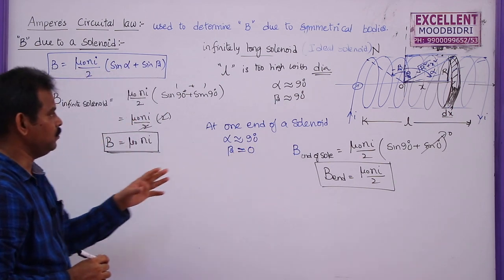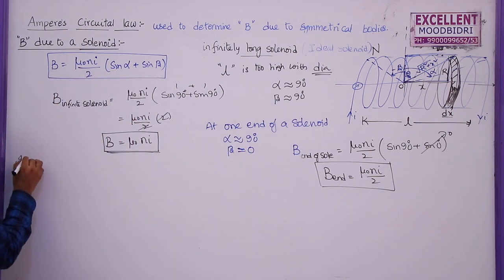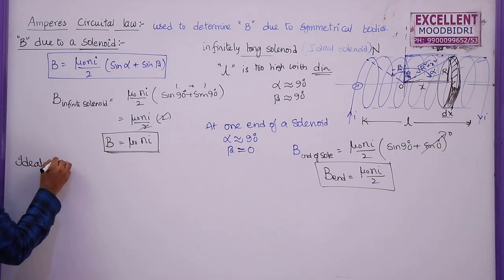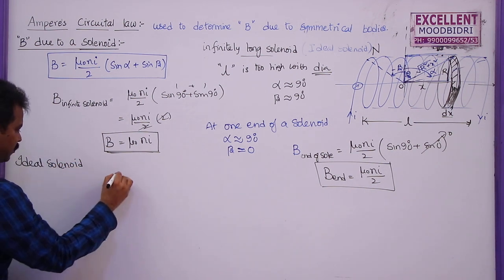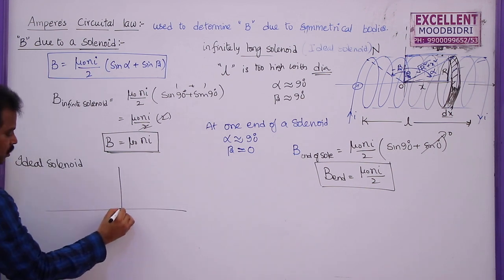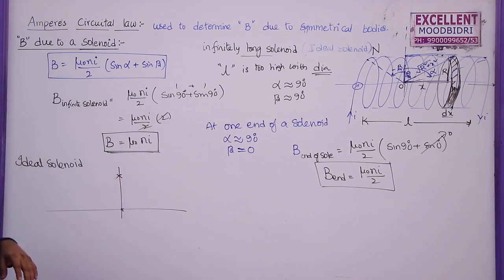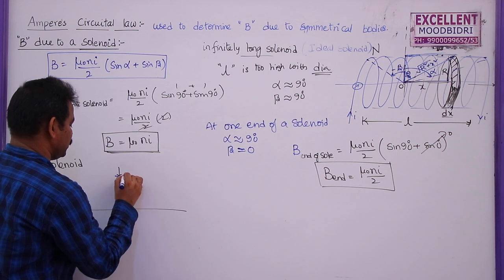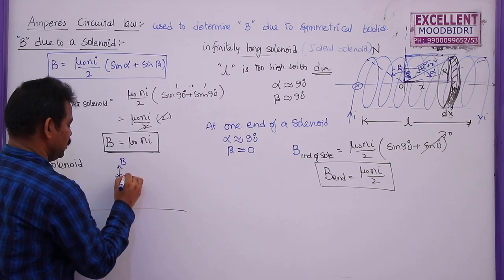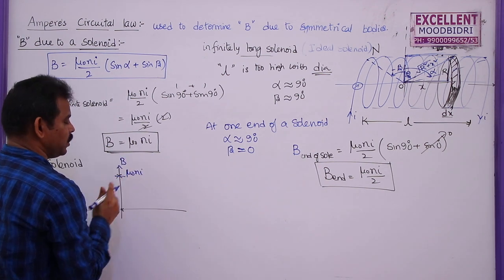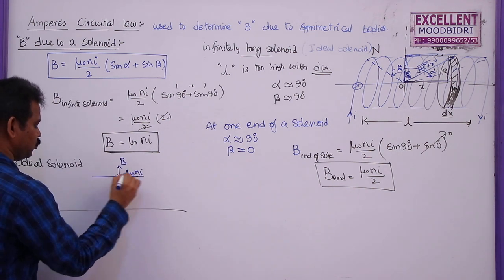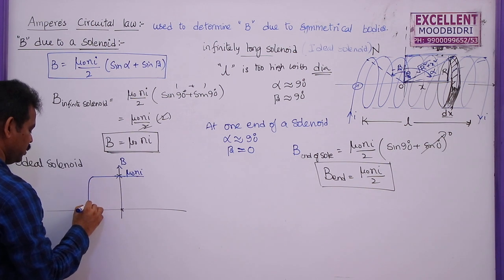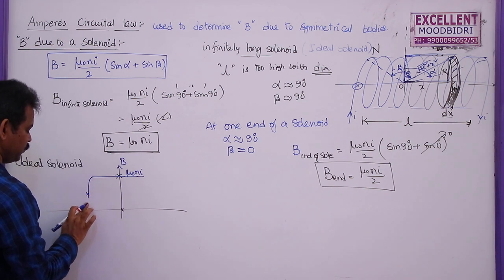So based on this, for an ideal or infinite solenoid, if you want to draw the variation of the magnetic field with length, at the center the magnetic field is maximum, which is given by mu naught Ni. So this is B, and its value is mu naught Ni at the center. And this almost maintains constant throughout its length, but at one end this value will become half of it.